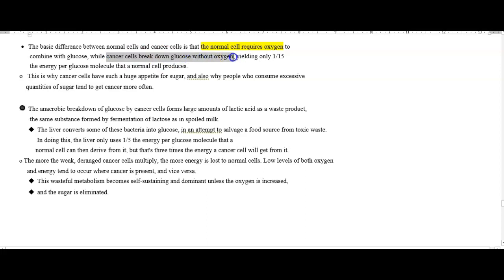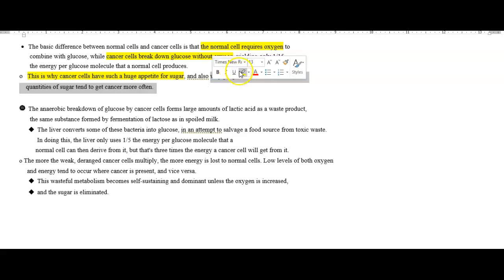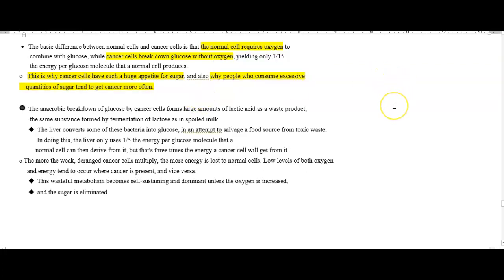So they break down glucose without oxygen, yielding only 1/15 the energy per glucose molecule that a normal cell produces. And this is why cancer cells have a huge appetite for sugar, so not making as much ATP. It's also why people who consume excessive quantities of sugar tend to get cancer more often than those who don't eat a lot of sugar.